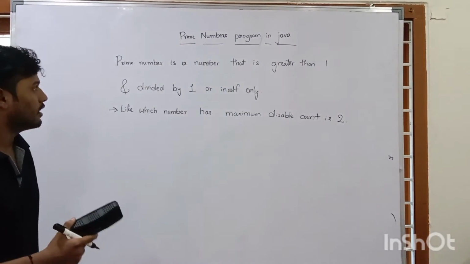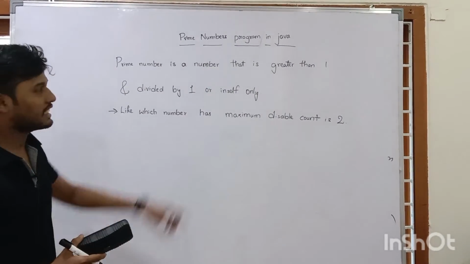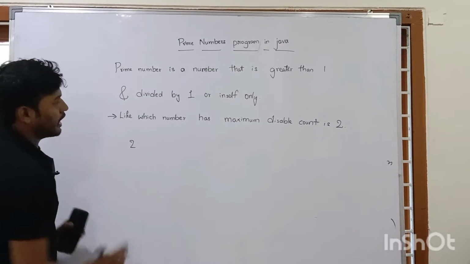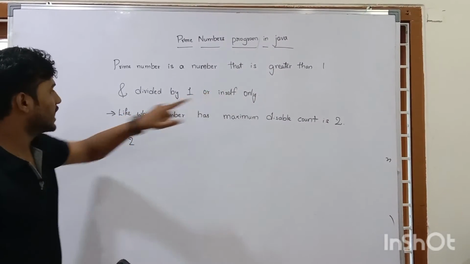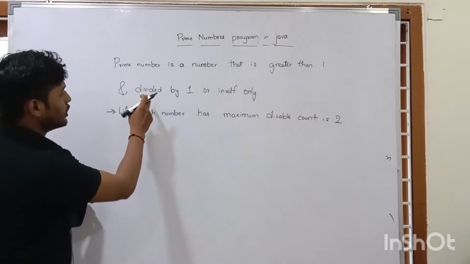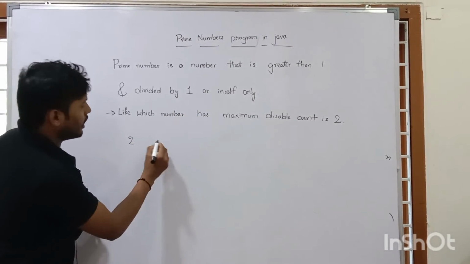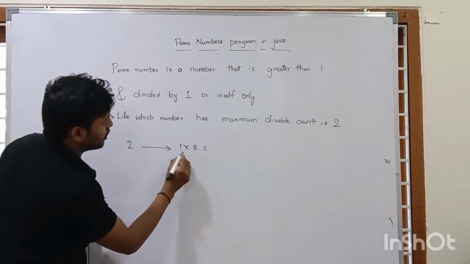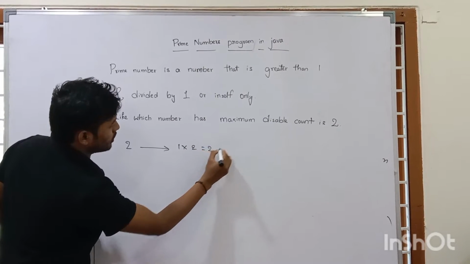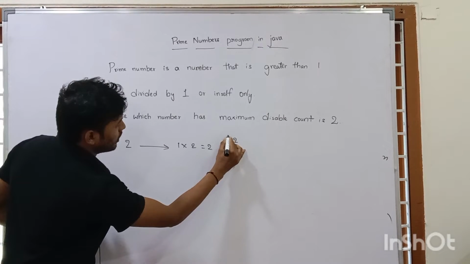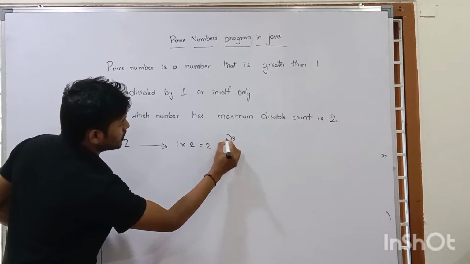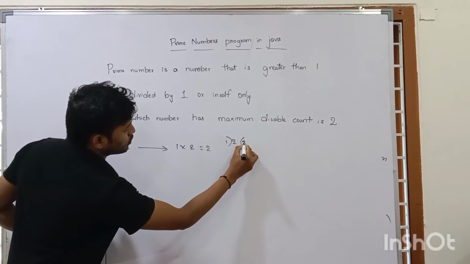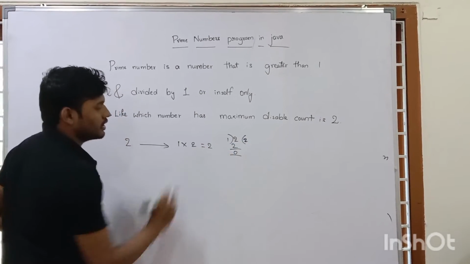A prime number is a number that is greater than 1. Here I am taking 2, which is greater than 1, and 2 is divisible by 1 and itself. 1 twos are 2, so when 2 is divided by 1 and 2, the remainder should be 0.